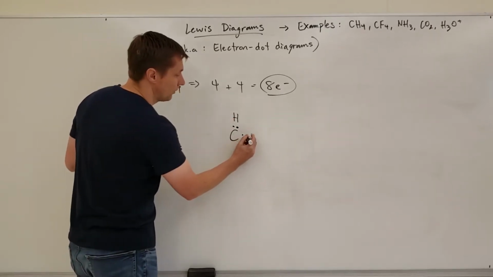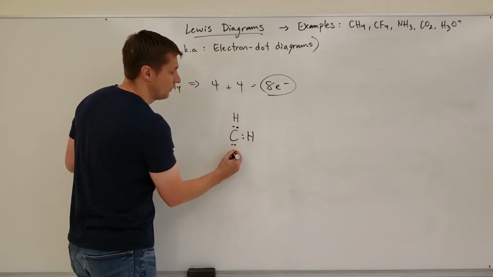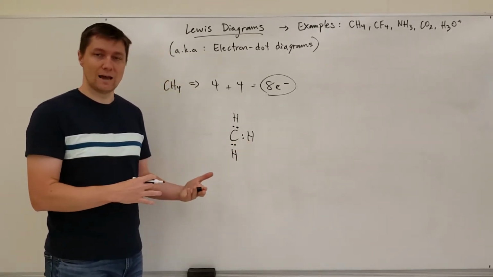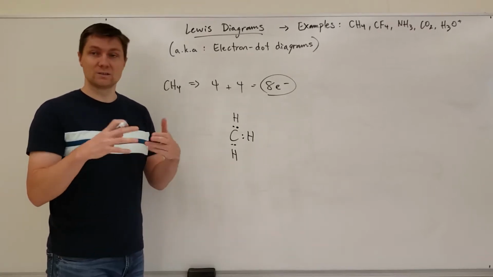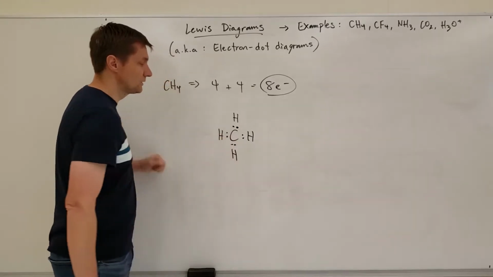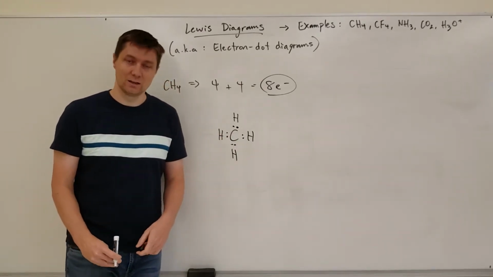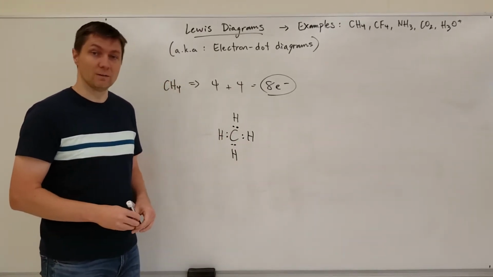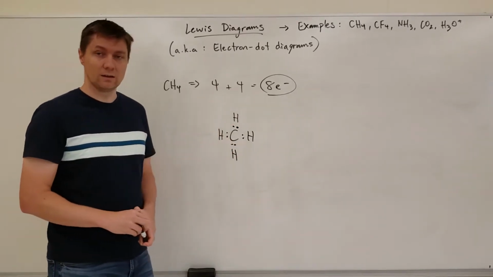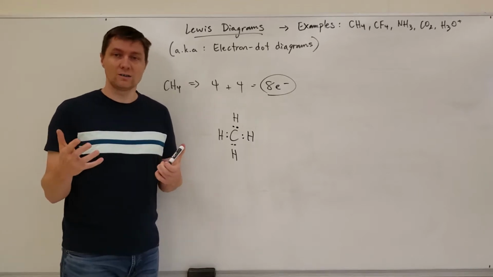And then I just work my way around the carbon. I want to place these peripheral atoms around the central atom, or atoms, as symmetrically as possible. For this one, that's pretty easy because I can just put a hydrogen on each side of the carbon and I'm done.